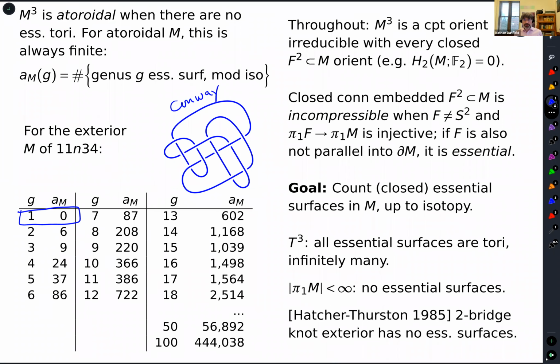That's just saying that this is an atoroidal manifold. There are 6 essential surfaces of genus 2, 9 of genus 3, and then the numbers just keep increasing. There are 444,038 essential surfaces of genus 100. Well, that's quite a list of numbers.